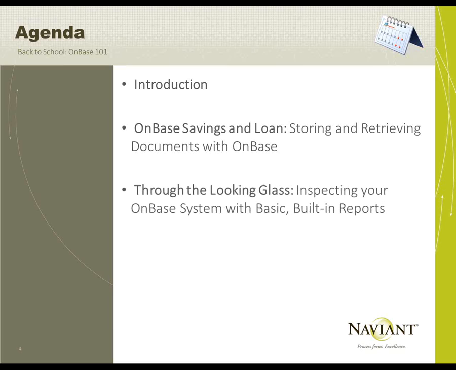Through the Looking Glass is our section on basic inspection of your OnBase system using the built-in reporting features. This doesn't cover anything in Report Services, so anybody who has OnBase should be able to do these reports. And then finally, we had a lot of people ask about the Unity client, so I've got a special section here with Jen. She's going to demo a lot of the features and differences in the Unity client in our Approaching Unity section. We'll show you how to get started with the Unity client.